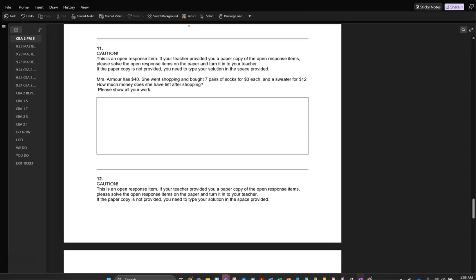Let's look at this one here. Okay. Armor has $40. She went shopping, bought 7 for 3, and sweater for 12. How much money does she have left after shopping? So we're gonna take the 7 pairs of socks at $3 each, which equals 21. Okay, and specifically that's $21 on socks. Then $12. Okay, so we're going to take the 12 plus 21, which equals 33.